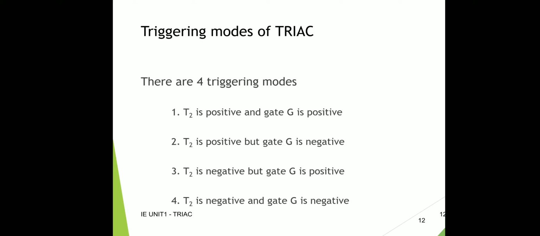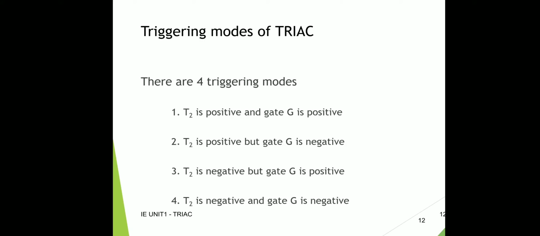First is T2 positive and gate positive, when T2 and the gate are both connected to positive with respect to T1. That is the first mode. The second mode: T2 is positive, but the gate is connected to the negative terminal.